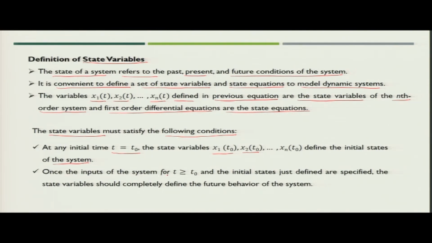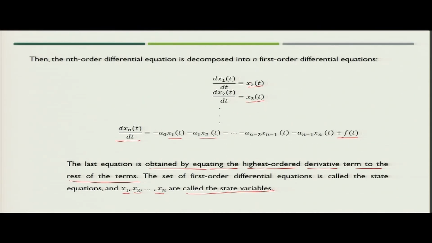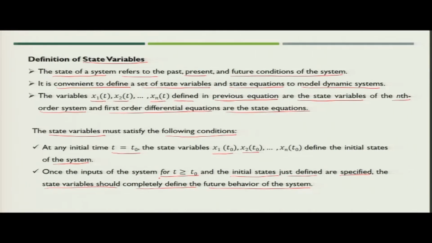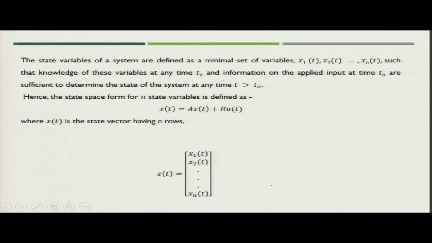Once the input of the system for time t greater than 0 and the initial states just defined are specified, the state variables should completely define the future behavior of the system. The variables x 2, x 3 and so on are defining the derivative of the previous variable. So, with this you can specify the system performance, that is present or future condition of the system. That is why these are called state variables.